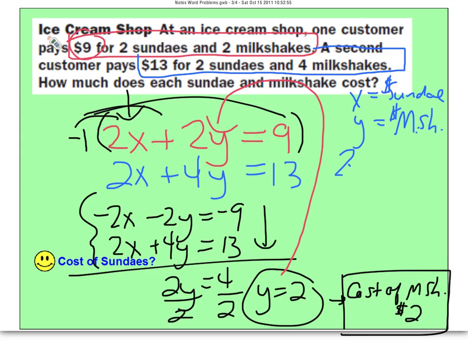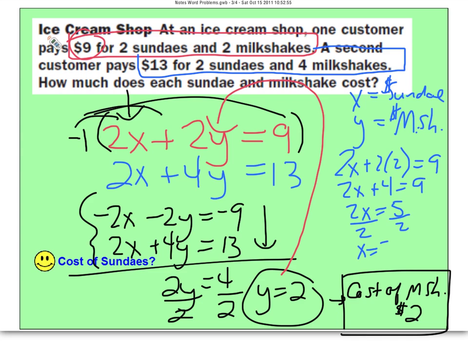That will give me 2x plus 2 times 2 equals 9. 2x plus 4 equals 9. I'm going to subtract 4 from both sides and get 2x equals 5. Divide by 2. X is going to be $2.50 for each sundae. And we got it.